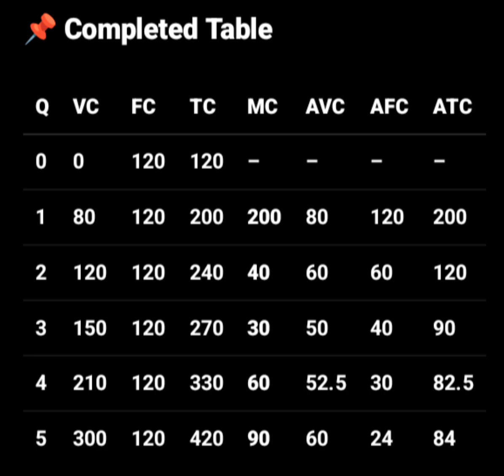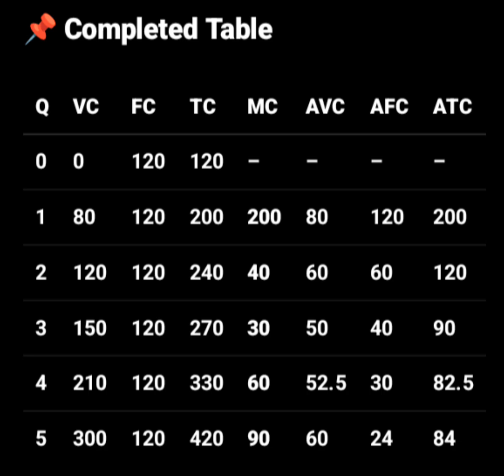To get the answer for AVC, you need to divide the variable costs by the units. For example, in unit 1, 80 divided by 1 is 80, 120 divided by 2 is 60, 150 divided by 3 is 50, 210 divided by 4 is 52.5, and 300 divided by 5 is 60.